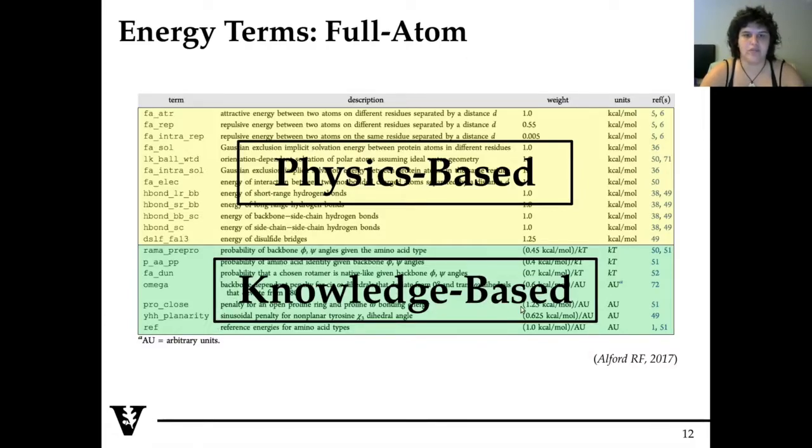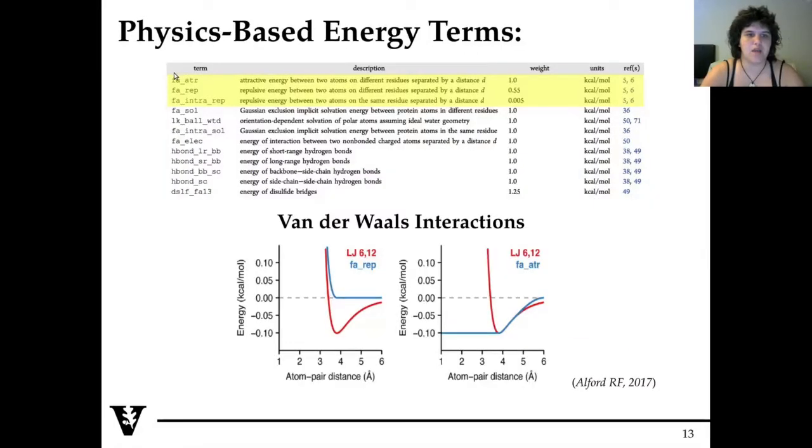So let's start with the physics-based. We have the first three terms that describe the van der Waals interaction, so the hydrophobic interaction between atoms. And as you know, the red line is basically the Lennard-Jones energy that you should have studied in physics. Rosetta used these three terms to describe the same.